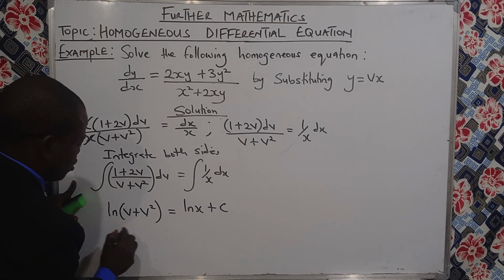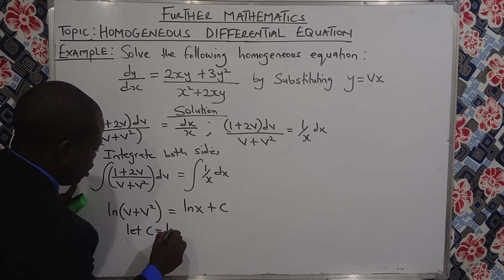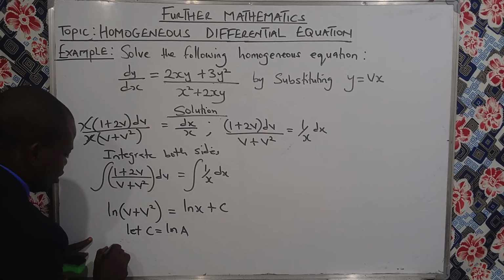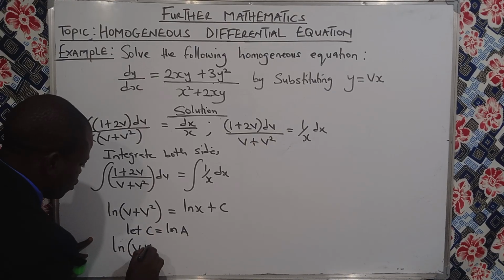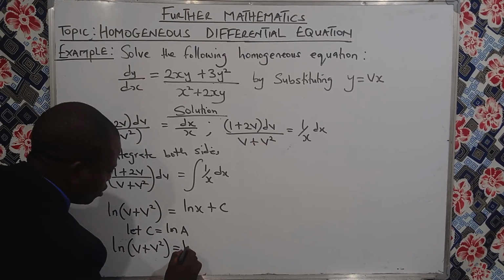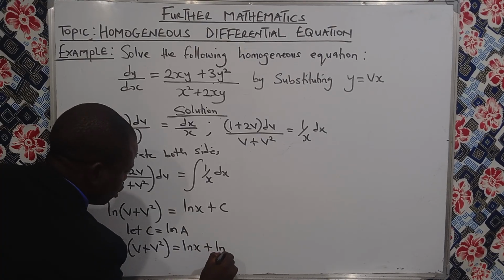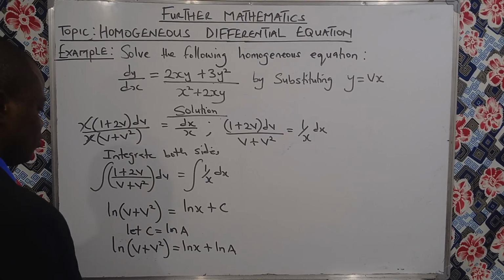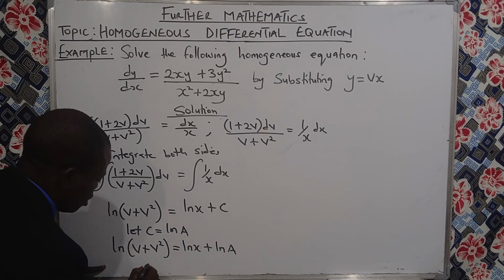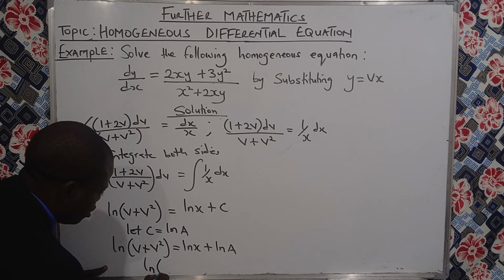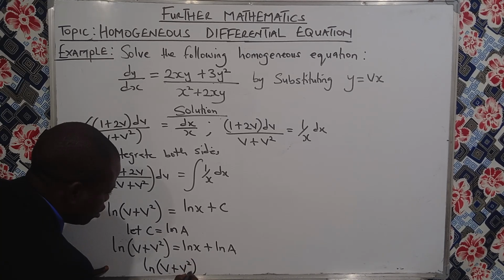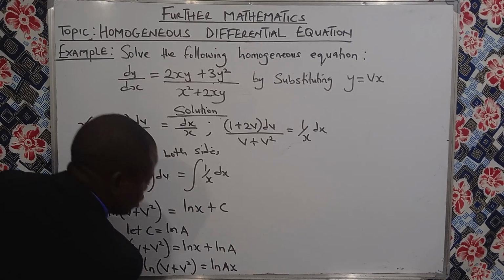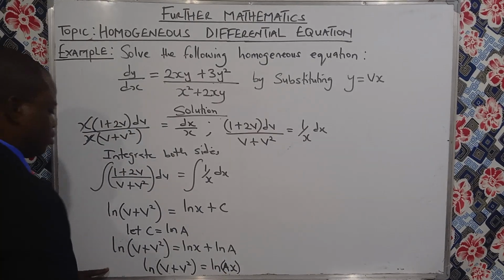Now let c equal ln a. Since everything is in ln, let's replace c with ln a. Ln of v plus v squared equals ln x plus ln a. When we are dealing with addition of logs, it becomes a product, so I can write ln of v plus v squared equals one ln, ln of ax.